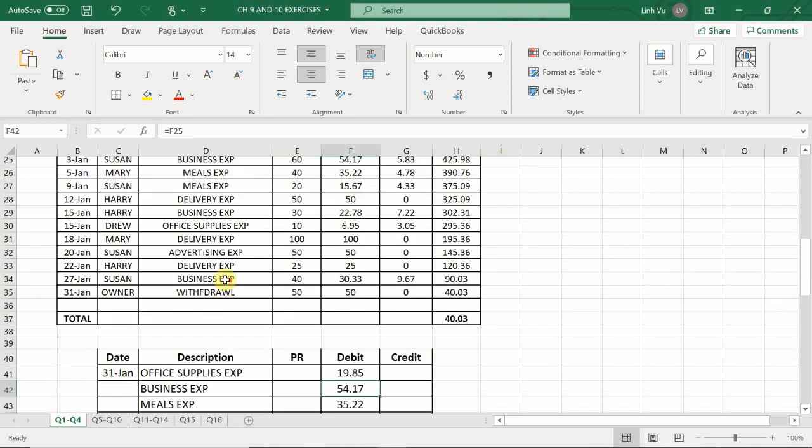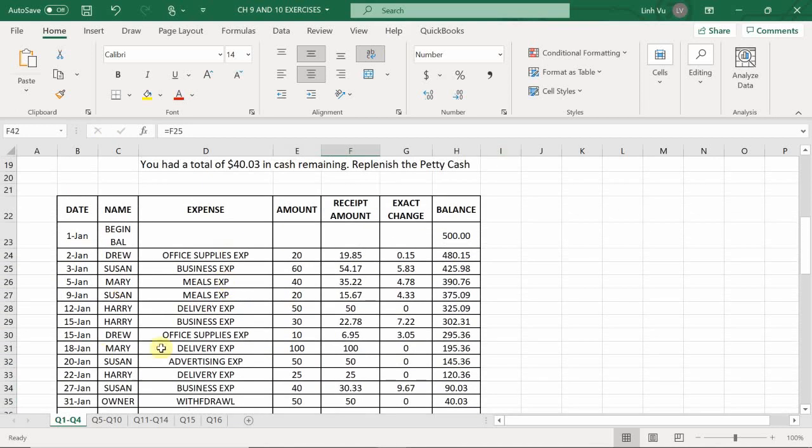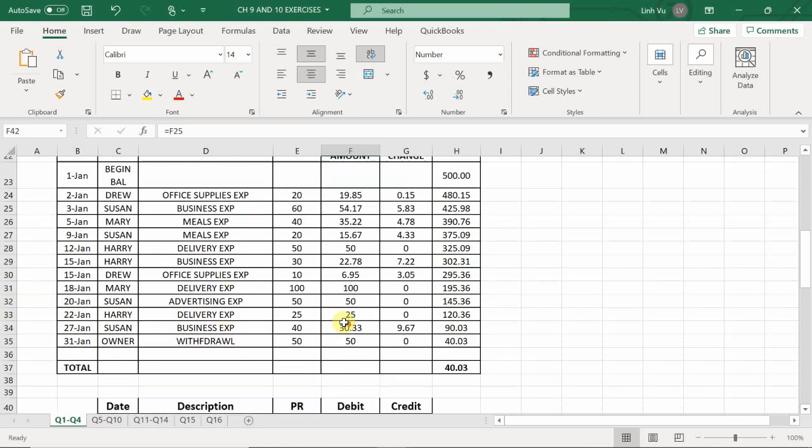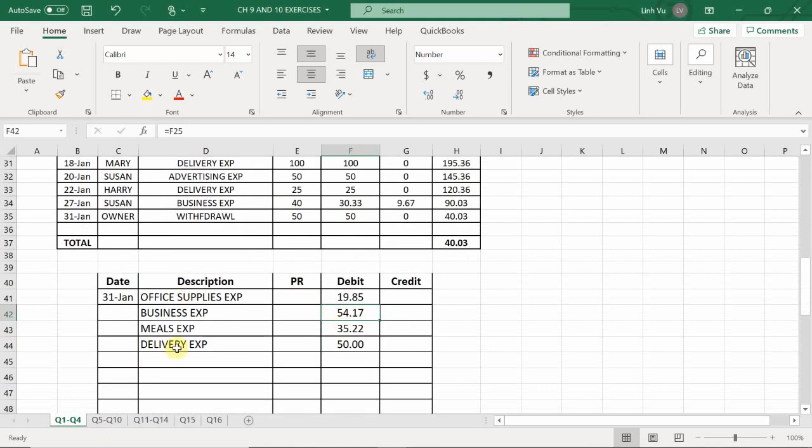And then let's see what happened here. On the 15th of January, Harry once again borrowed money to do another business expense for $22.78. So in this case, we already have a business expense account, right? We have one for $54.17.